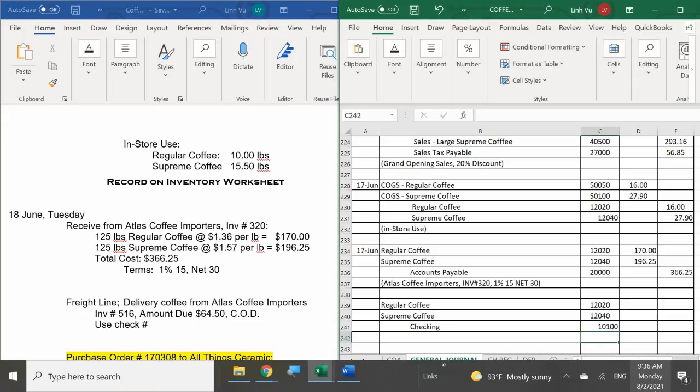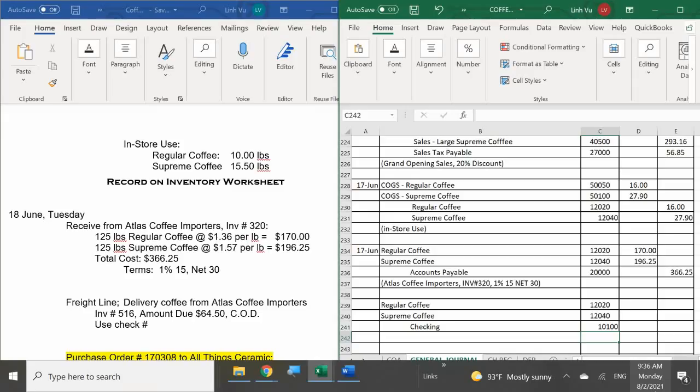So wait a minute, didn't they just say that it was cash on delivery? Yes, what's the next thing that happened? No, the pay should be taken, right? With the check. Yes. But what does the next scenario say? Okay, no worries.